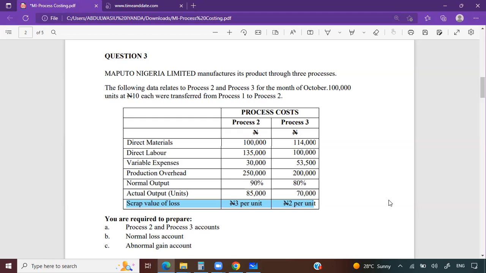Let's say, for example, you give a certain laborer some work and you say, I need a success rate of 90%.